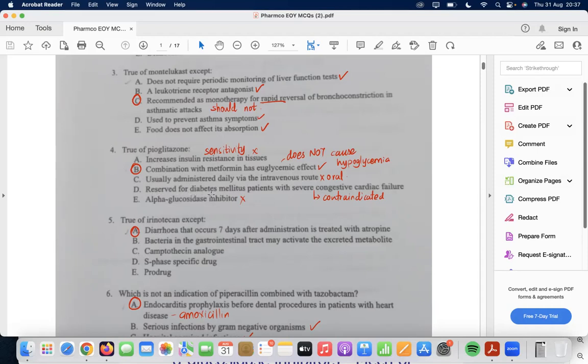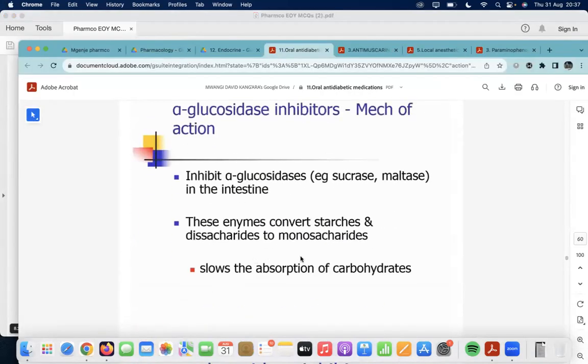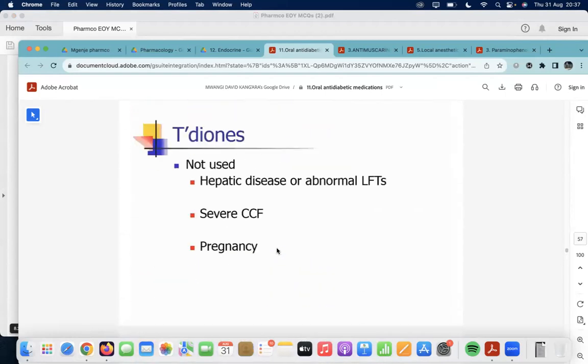Reserved for diabetes mellitus patients with severe congestive cardiac failure. No, it's contraindicated. I think it was mentioned here. Yeah, here, thiazolidinediones are not used in severe congestive cardiac failure.